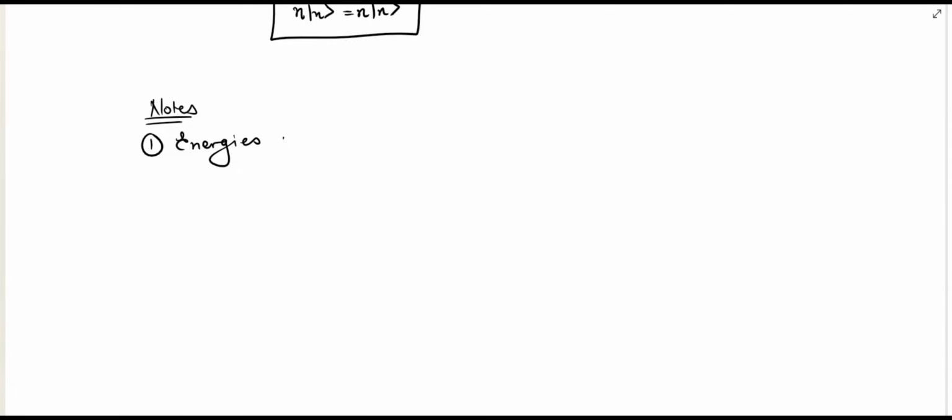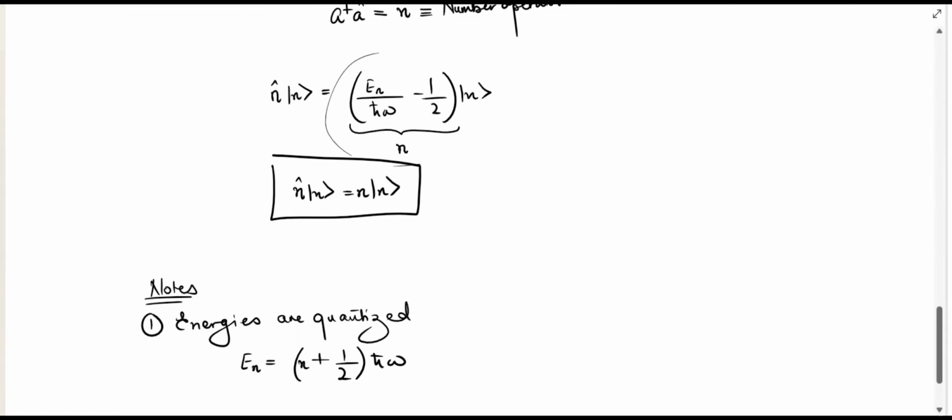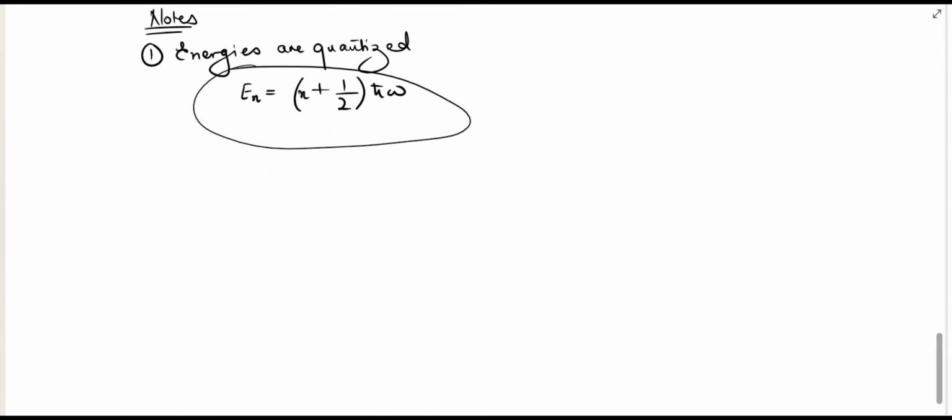What I mean by quantized is that there are only some permitted energy levels of the quantum harmonic oscillator which are allowed, unlike in the classical case where all possible energies are allowed for that harmonic oscillator. The allowed energies are given by this formula, where n is what I had given you. From here we get this formula. So these are the allowed energies in the quantum harmonic oscillator.